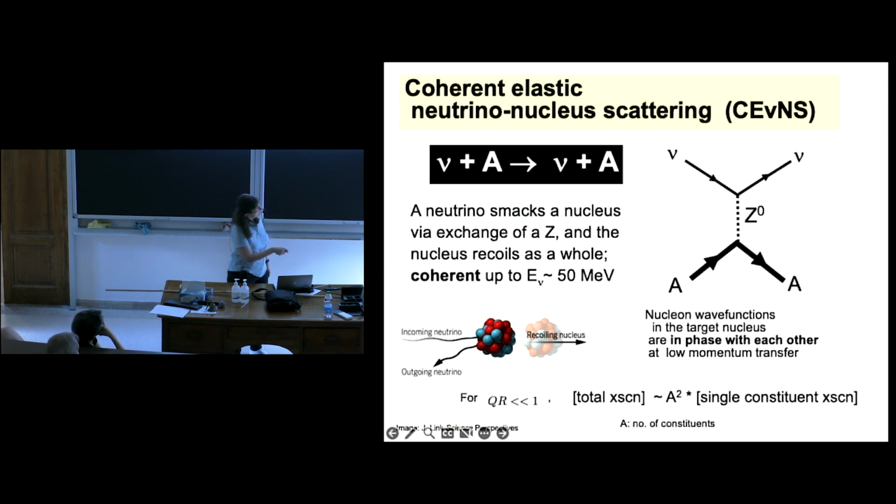Quantitatively, this condition holds when the momentum transfer times the size of the nucleus is very small. For neutrino energies up to about 50 MeV for a medium-sized nucleus, there's a fairly high degree of coherence, and CEvNS is the dominant interaction.